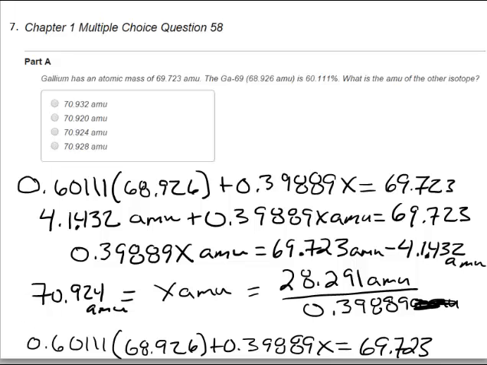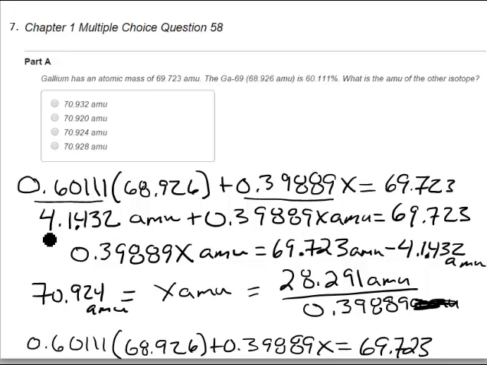Okay, so I've actually done all the arithmetic here. And so here's the steps. I just took my fraction that I was given, subtracted from 1, which gives me the fraction of the other isotope. Add those together to give the weighted average, which is this answer over here.